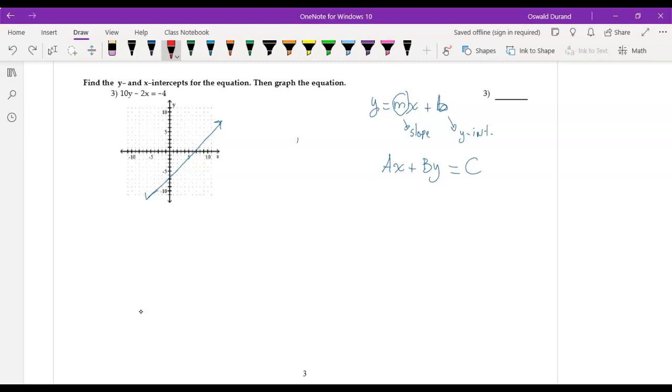The x-intercept is when the line crosses the x-axis, which is this point here. And the y-intercept is when the line crosses the y-axis.